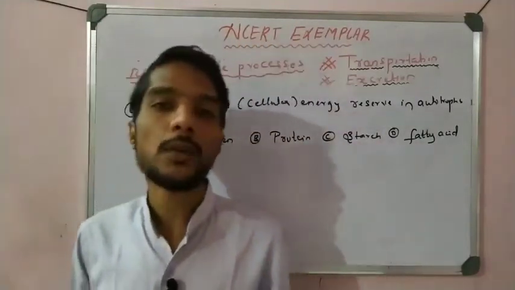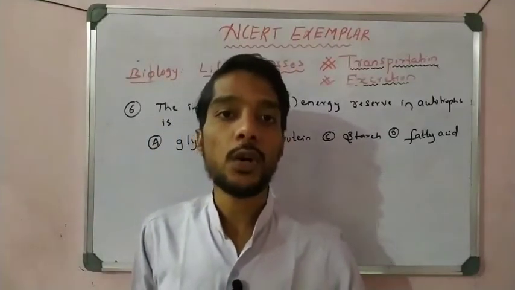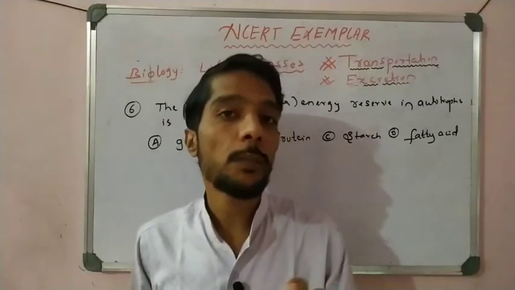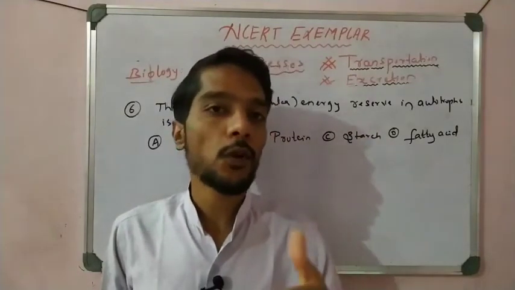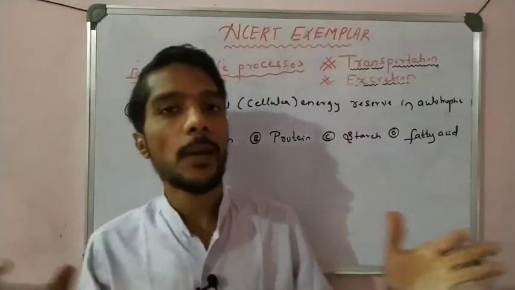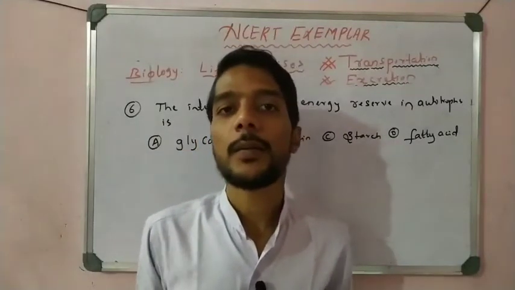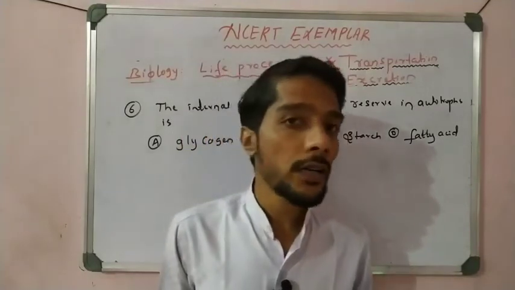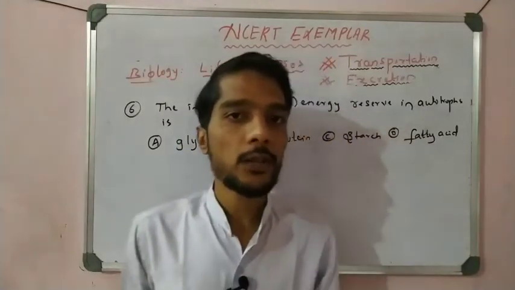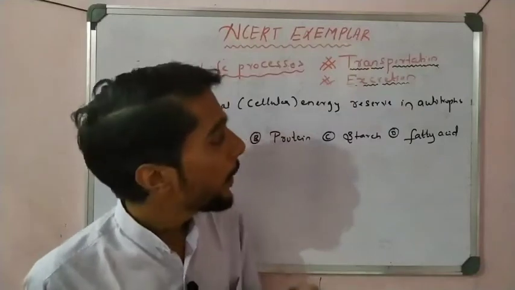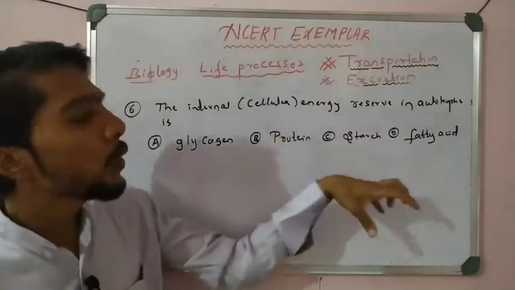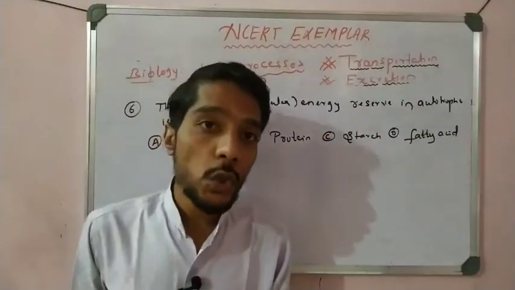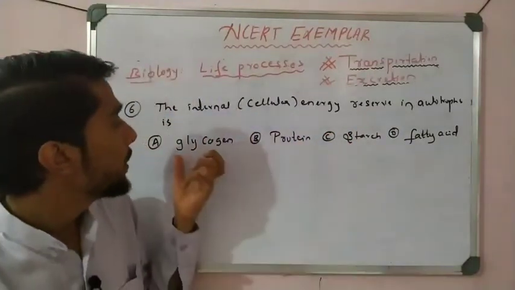So see here, the internal energy reserve in the autotrophs means in the green plants. There are two types of organisms: heterotrophs and autotrophs. Autotrophs are the organisms which prepare their own food with the help of photosynthesis. We give the example of green plants. Heterotrophs are the organisms which depend on other organisms for food, for example animals. But here they are asking about autotrophs, in which form the energy is stored.